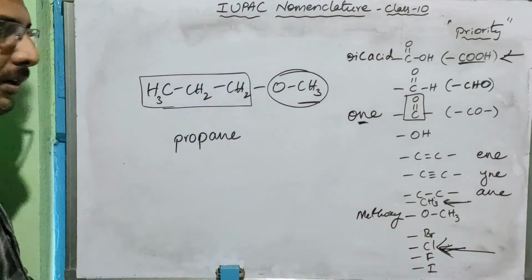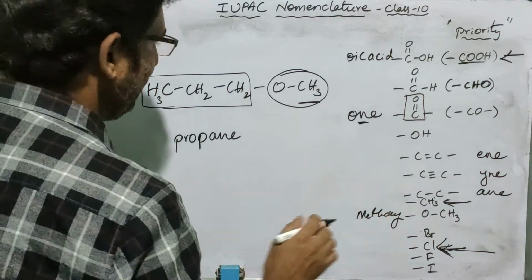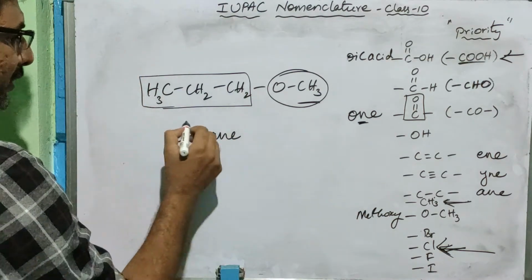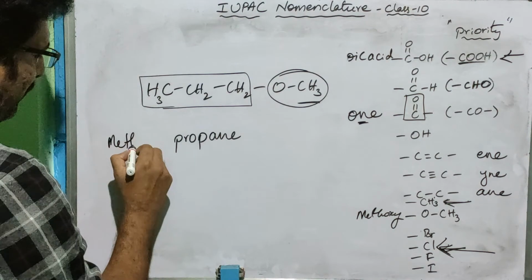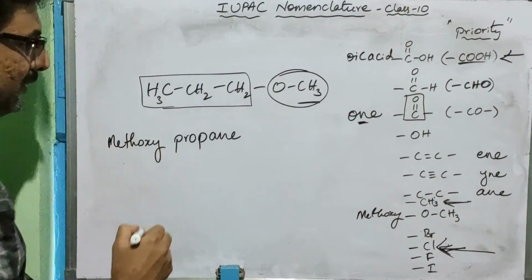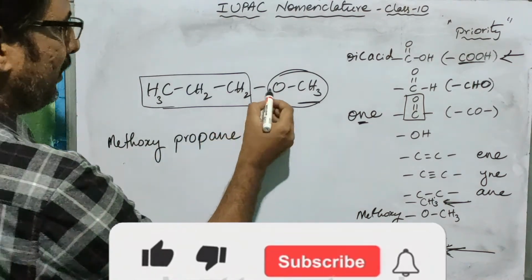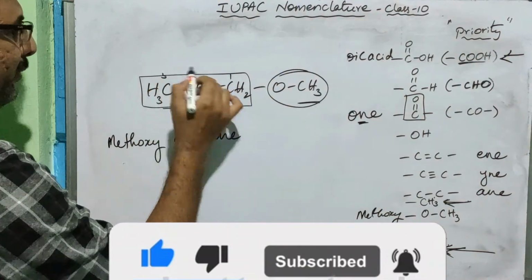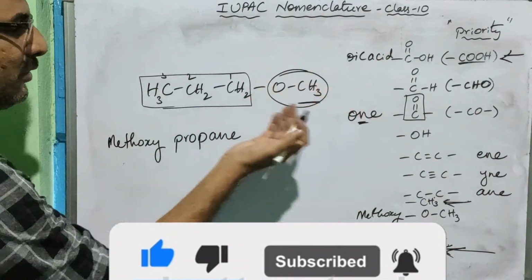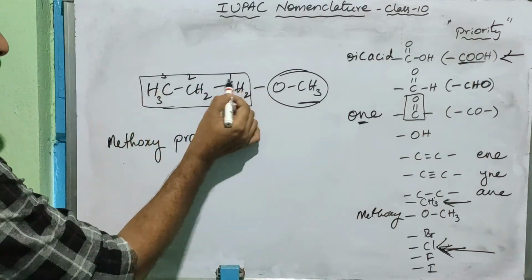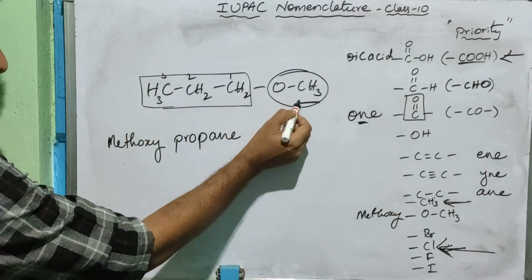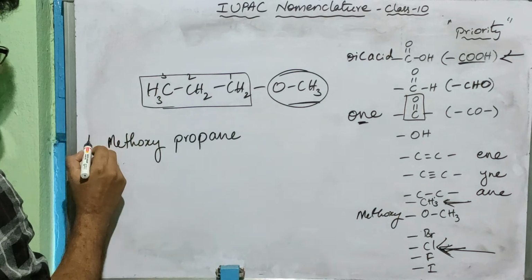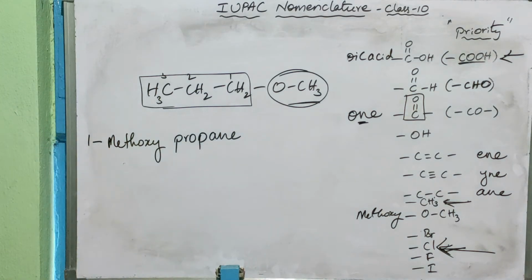So it will be methoxypropane. For the position, you have to give numbering from right to left because this substituent is on the right side. So you will give numbering from the right side only, 1, 2, 3. The substituent is on the first carbon. So it will be 1-methoxypropane.